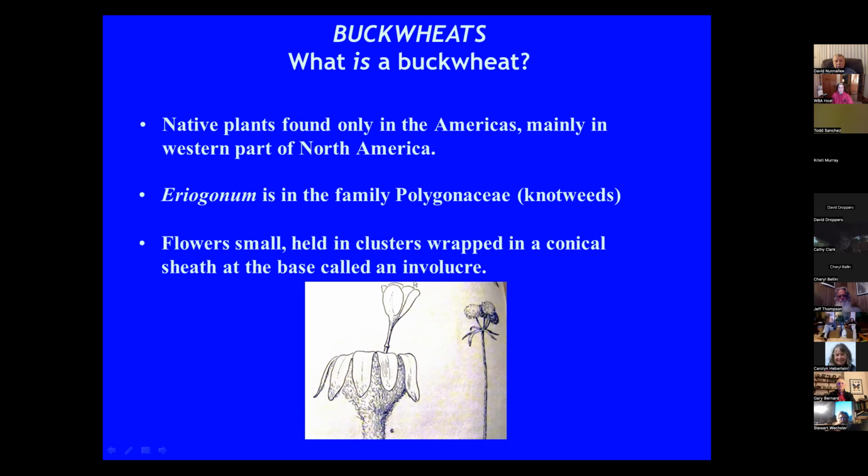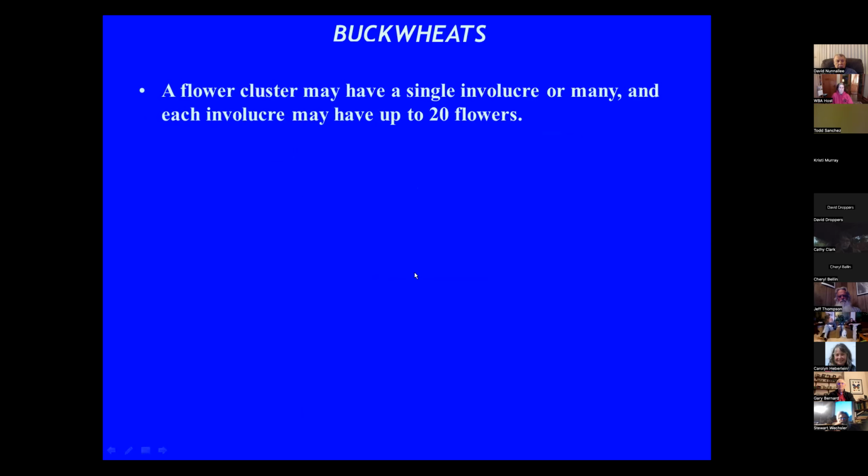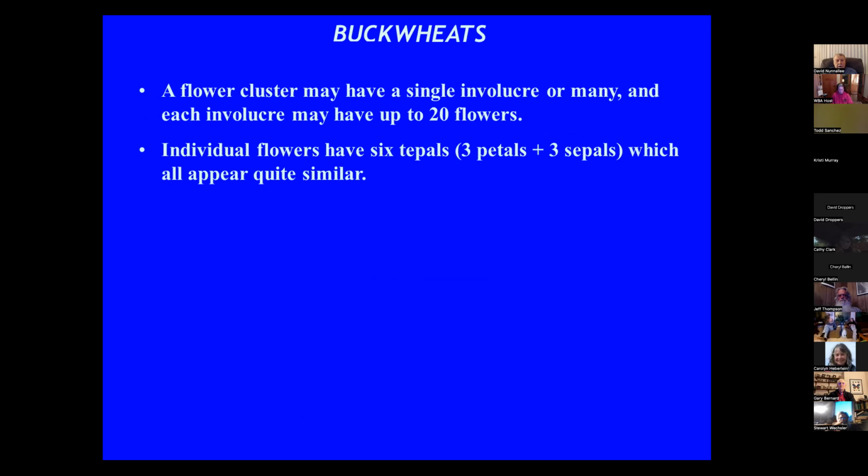So the individual flowers can be numerous. Each involucre, as I say here, can have up to 20 flowers in it. And each individual flower will have 6 tepals, that is 3 petals and 3 sepals. They're very similar, so most people don't try to differentiate them, but the petals will be on top and the sepals under them, if you care to see the difference.